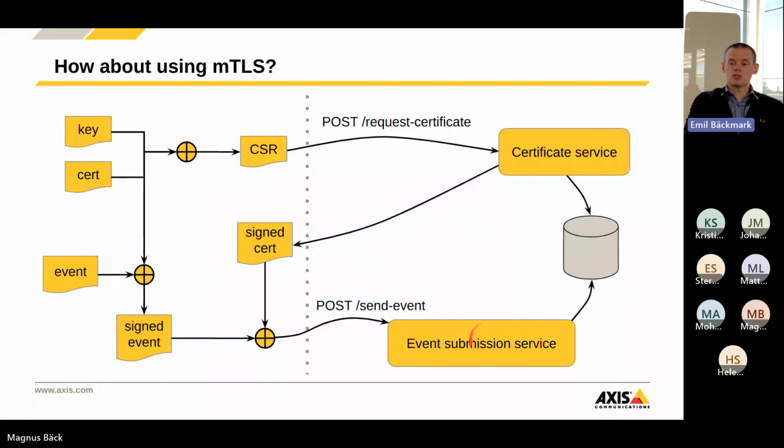So the event submission service, or really, I haven't included it here, but you could certainly add an API that exposes the public keys from this database. So consumers that want to validate the signature of events could ask that service, giving the subject, because the subject is included in the meta security.